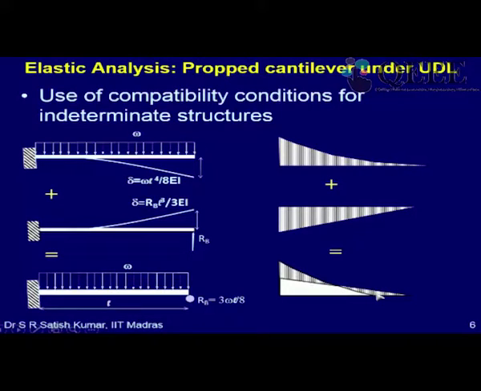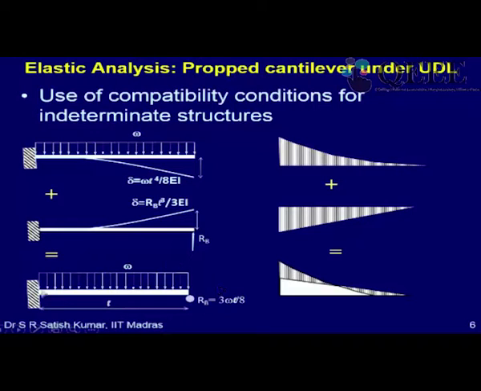So this is one way of showing the net bending moment diagram, and we find that somewhere here maximum sagging will occur and eventually the bending moment will become 0 at this point. This point incidentally is called the point of inflection, where the bending moment changes sign from sagging to hogging. So it is called a point of inflection, as far as the elastic curve is concerned.